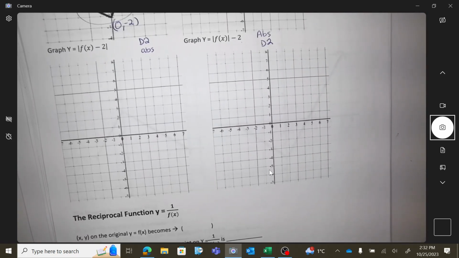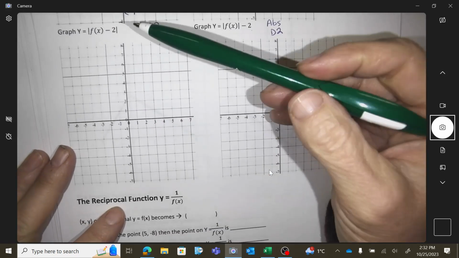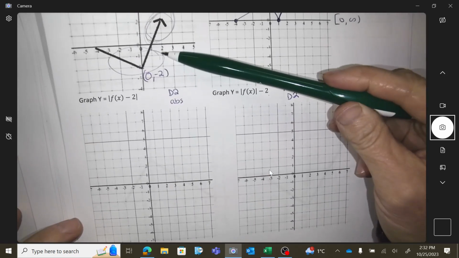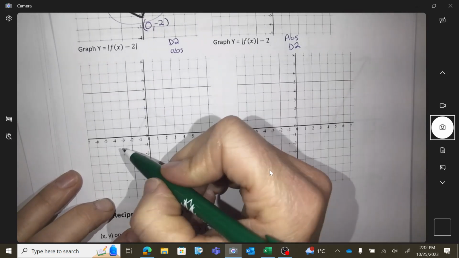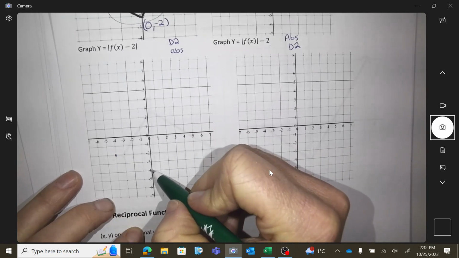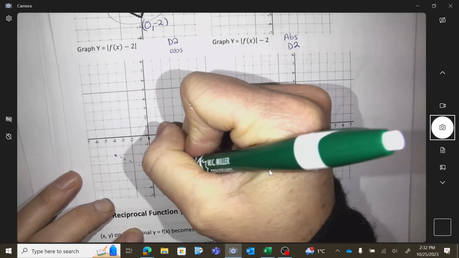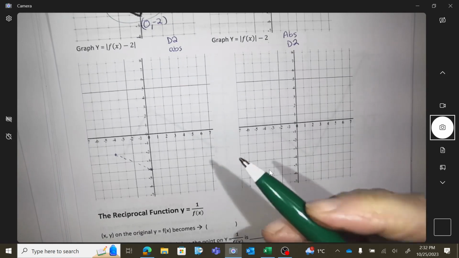So what I do is I physically do this. I draw my graphs. So let's draw this graph shifted down 2, and I'm going to just do it lightly. Like this. I'm going to just kind of dash it.